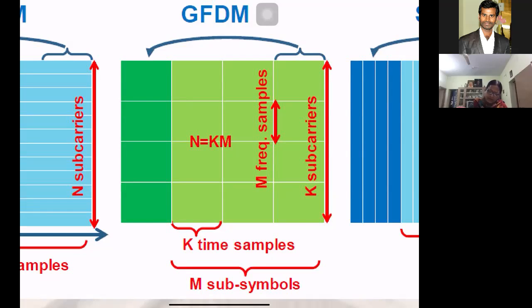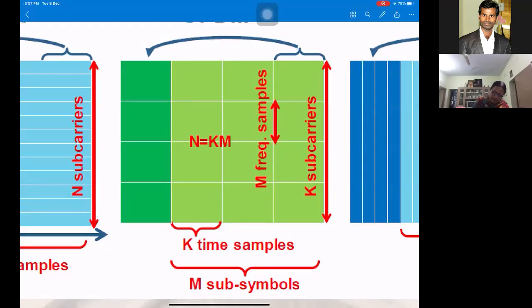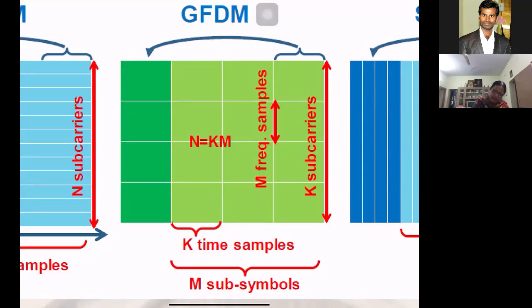So only one block consists of M frequency samples. Horizontally there are K time samples. So K time samples multiplied by M frequency samples will give you your total N. Both systems are carrying only N time samples. But how are we dividing? We are dividing along the x-axis as well as the y-axis. That is the difference.